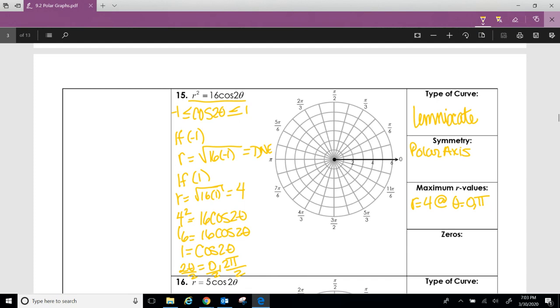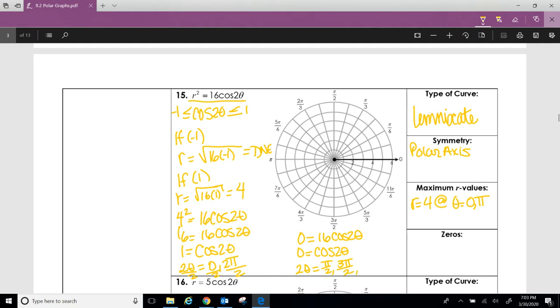And then for our zeros, we want to know when this is equal to 0. Dividing by 16, I still get 0 is equal to cosine 2 theta. So 2 theta would be whenever cosine is equal to 0. That's going to be at pi over 2 and 3 pi over 2, but we have to go around our circle one more time.